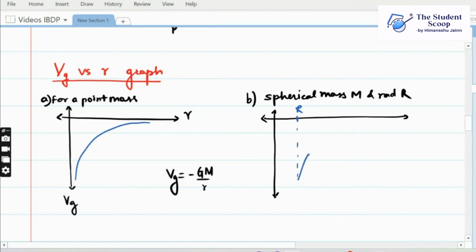We are not worried about what the graph looks like inside, since it won't be asked. But we need to know the starting point, which will be negative Gm over R, the capital R, and then it keeps decreasing with respect to 1 by R. So this is for a spherical mass.